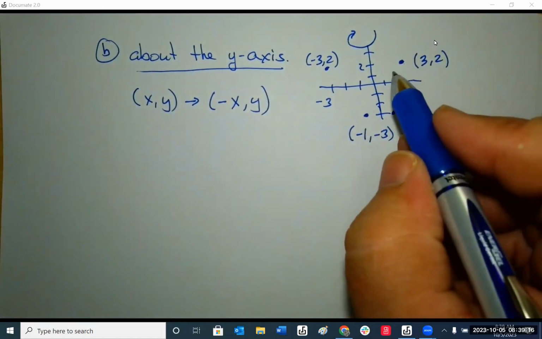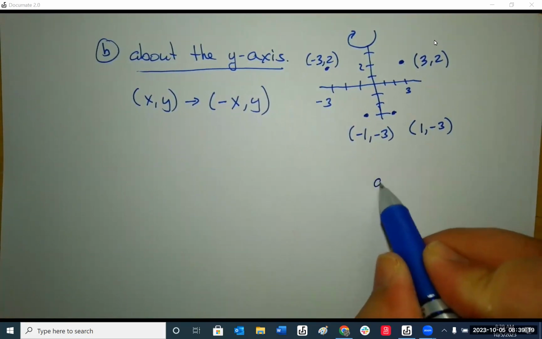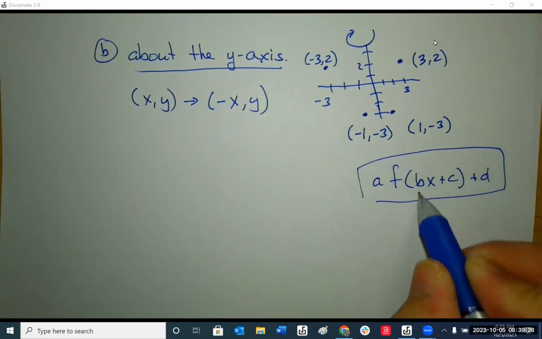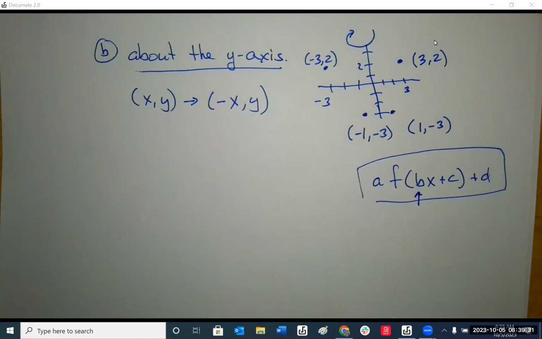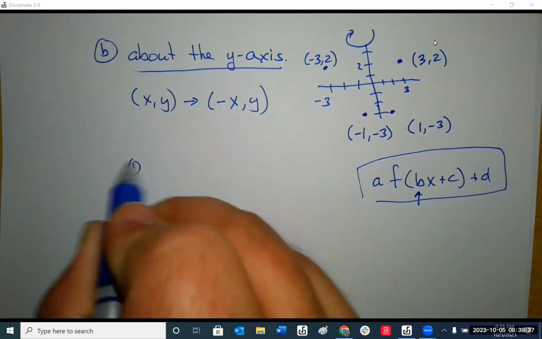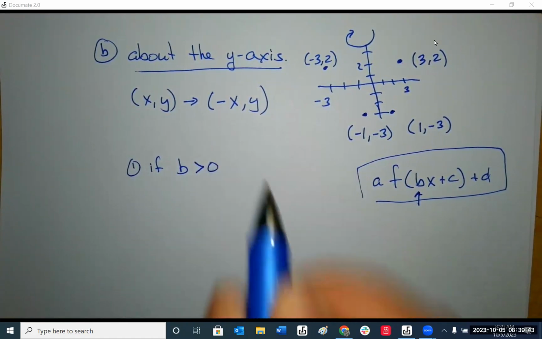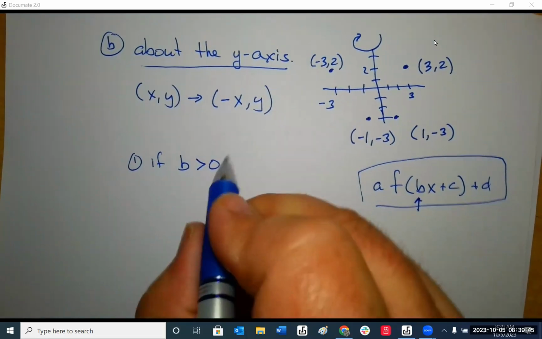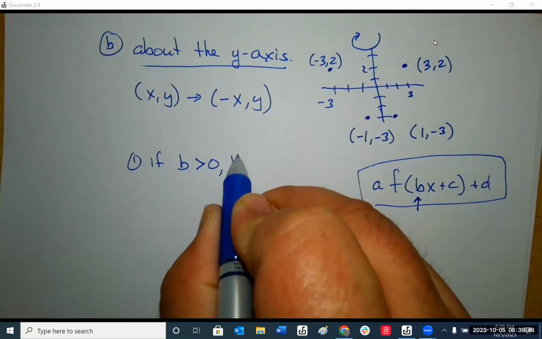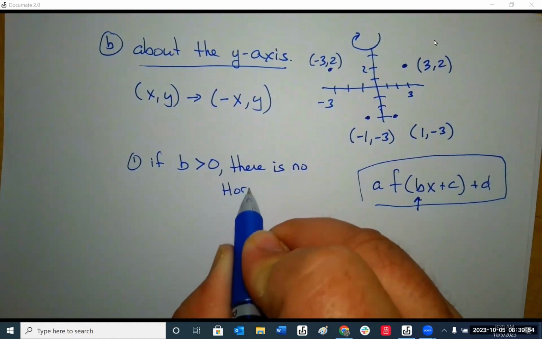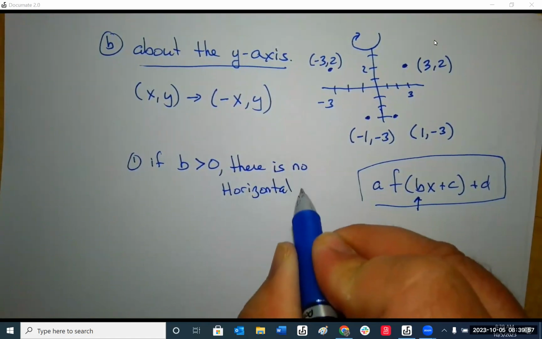So this is the value of b. Remember, we have our function a f(bx) plus c. Now we're looking at the value of b, the sign, not the value. If b is positive, there is no horizontal flip.